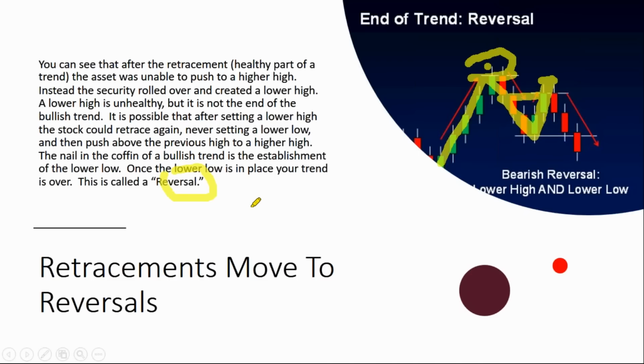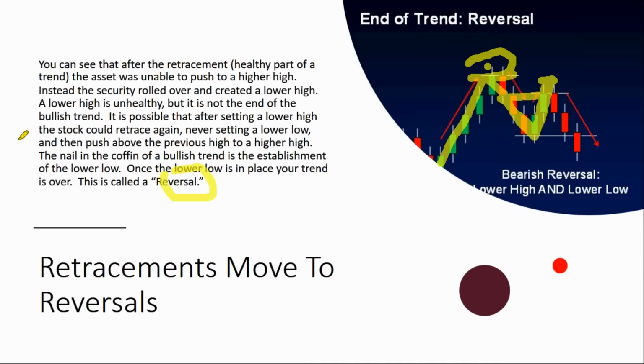It's possible that after setting lower highs, the stock could retrace again, but never set a lower low, and then push above the previous high to a higher high. The nail in the coffin of a bullish trend is the establishment of a lower low. Once the lower price is in place, your trend is over, and this is called a reversal.